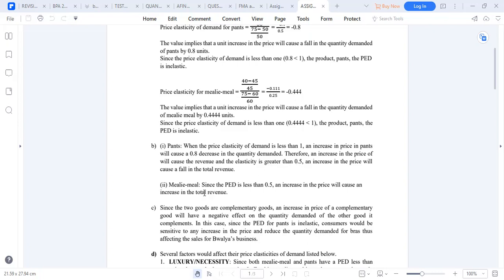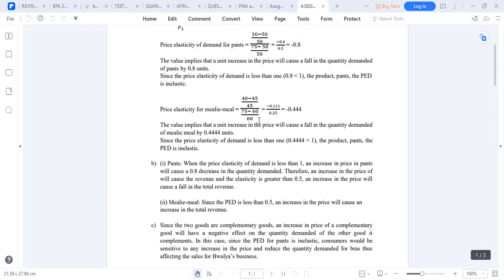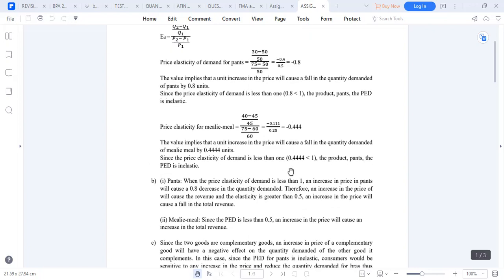Then for mealie meal, the elasticity is less than 0.5. So an increase in price will not affect the total revenue. So for mealie meal, it's okay. The increase in price, people will still buy because, to start with, I said mealie meal is what? It's a necessity. People will just complain.